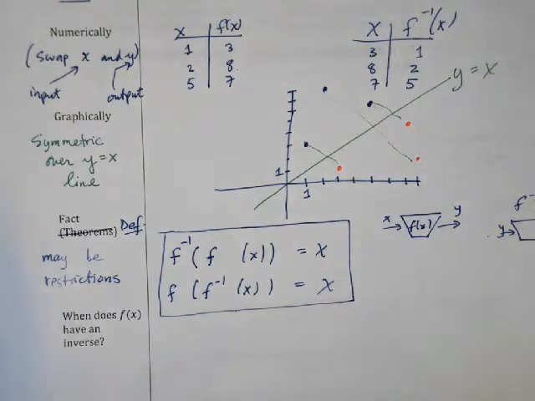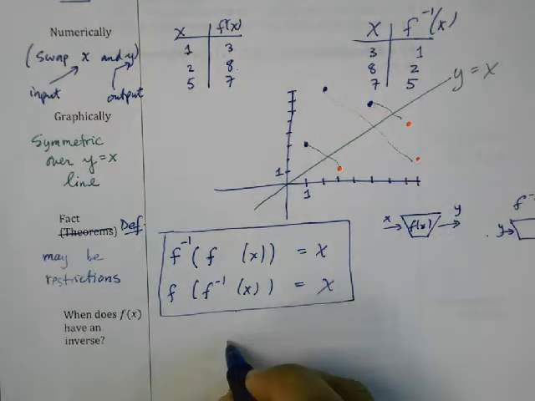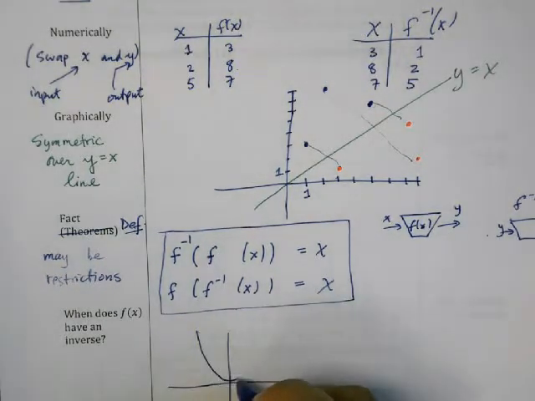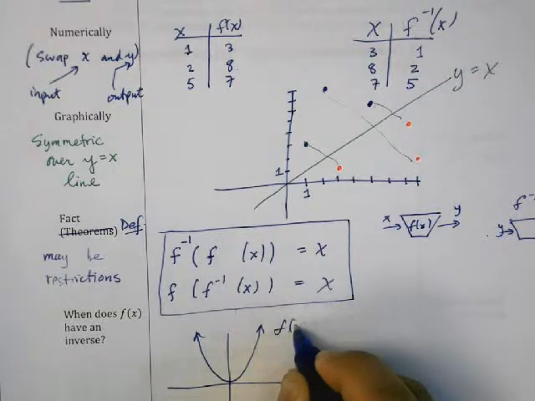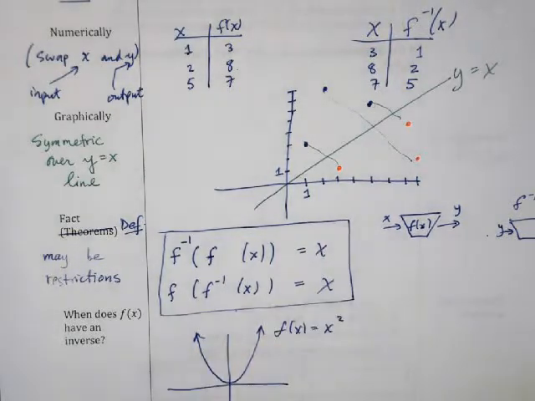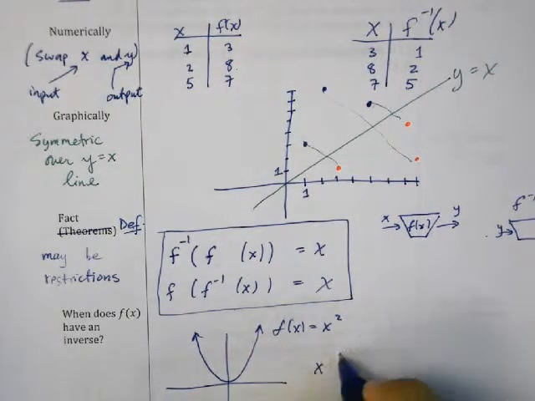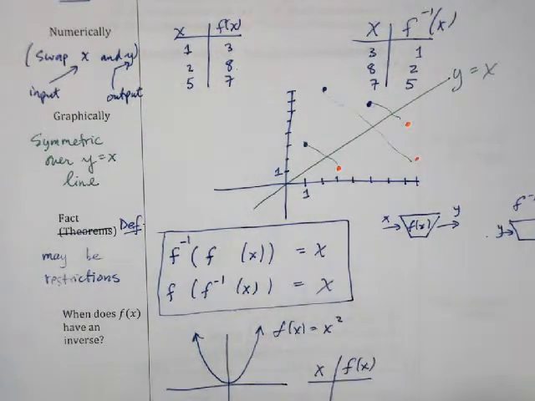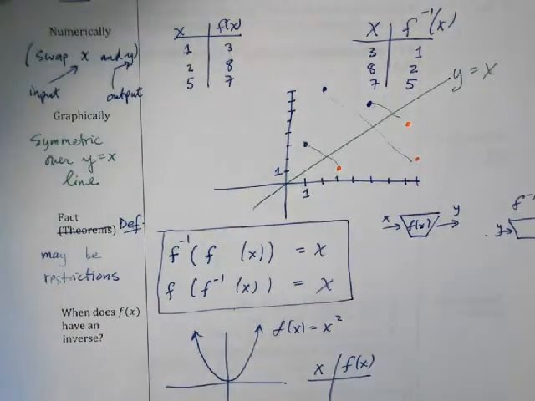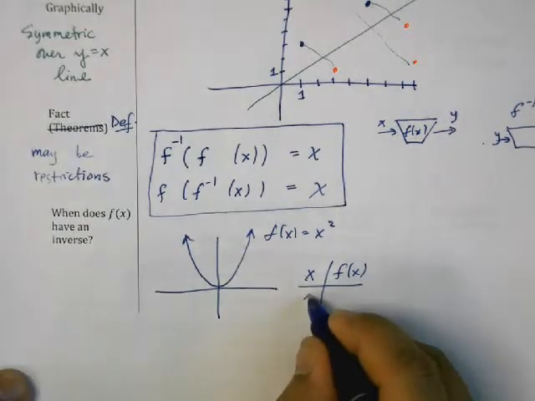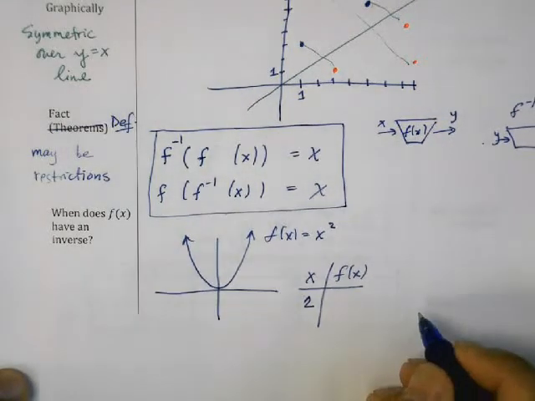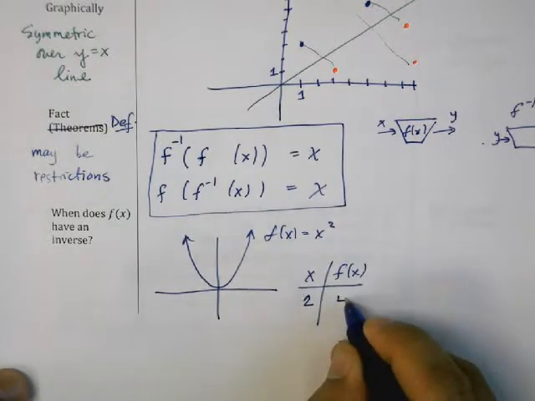Alright, so one more topic in this video, which is when does f even have an inverse? Let me give you an example. Let's say that we have the very familiar quadratic f of x equals x squared. Does this have an inverse? Well, we could look at this from a table perspective. If I pass in 2, I would get 2 squared, which is 4.